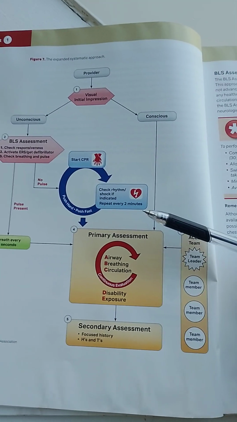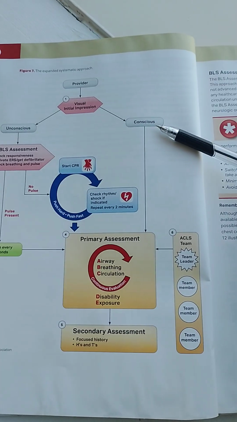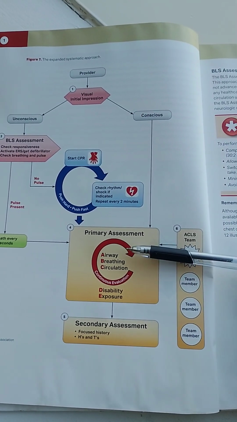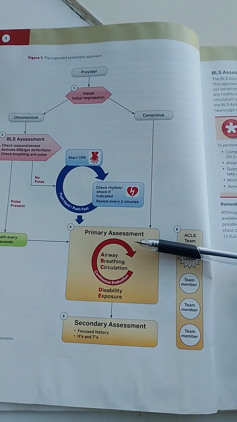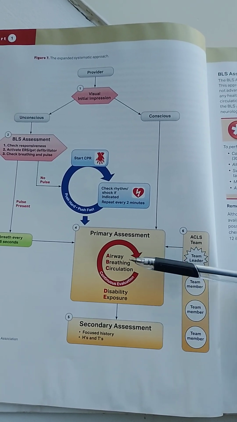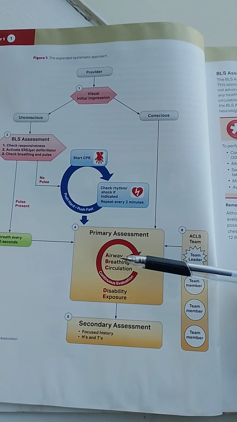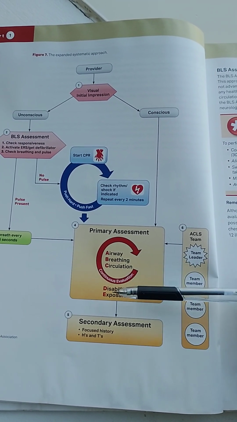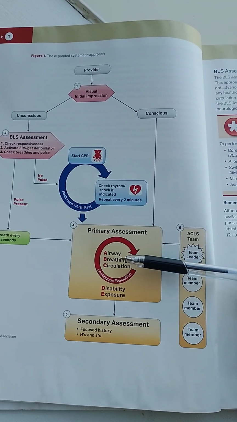Then if the patient is conscious, we have to immediately start the primary assessment. In the primary assessment, we have to keep this mnemonic in our mind: A, B, C, D and E. We have to check the airway.